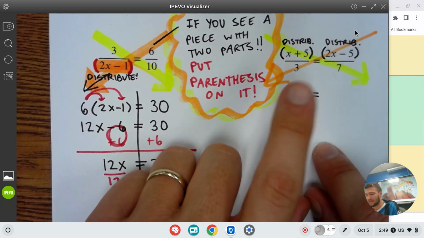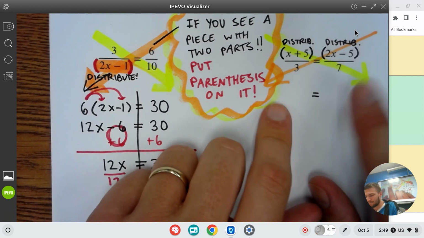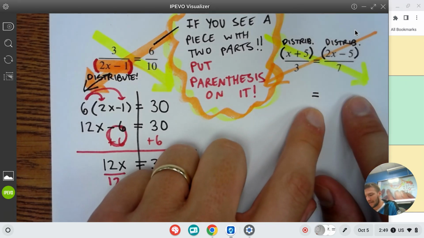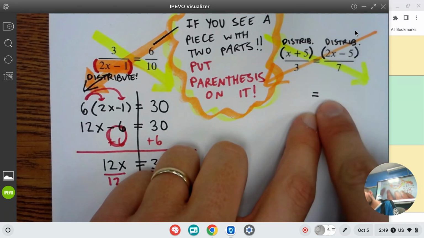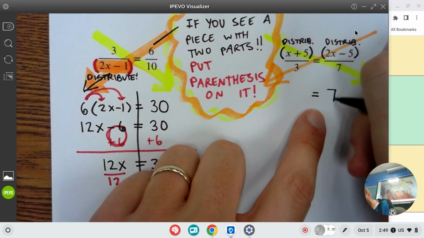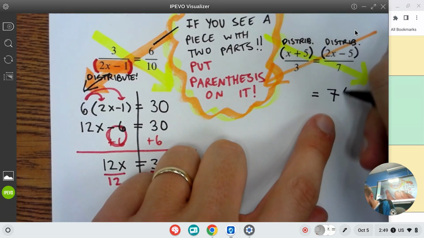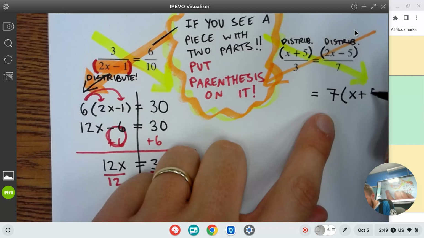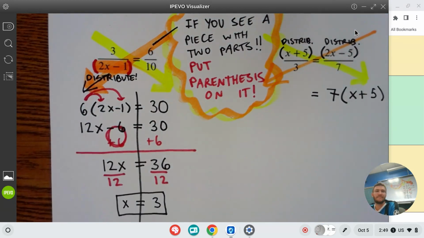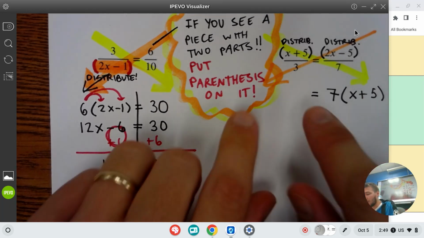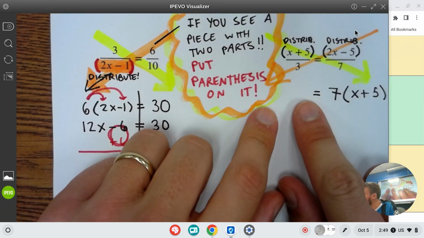So, does anybody want to help me write this next line? What do you think? You want to do the left side or the right side? The yellow or the orange? Yellow. Let's do the yellow side. What are we going to put first? The 7, and then, of course, what comes after that? Parentheses x plus 5. Perfect. You nailed it. The solo number comes first, the parentheses come after. Over here, it's a minus sign.